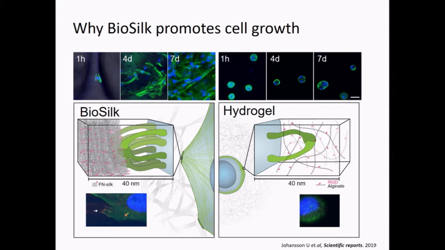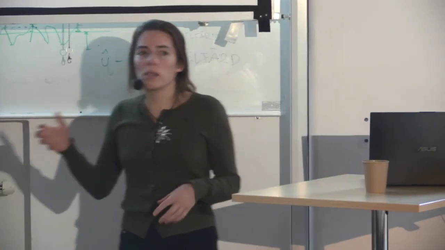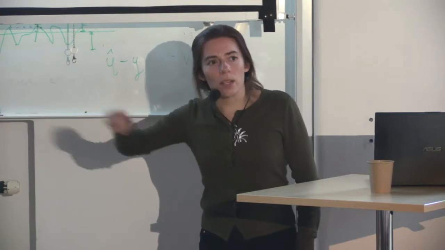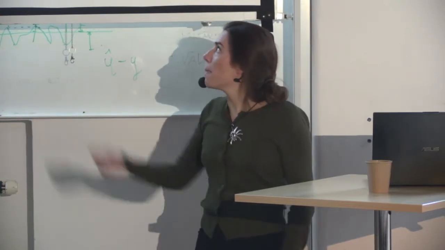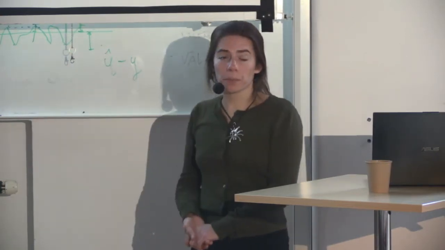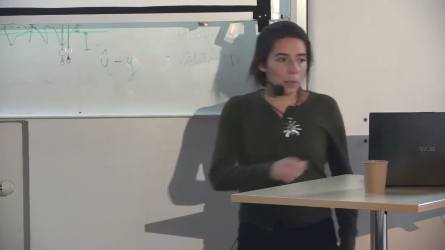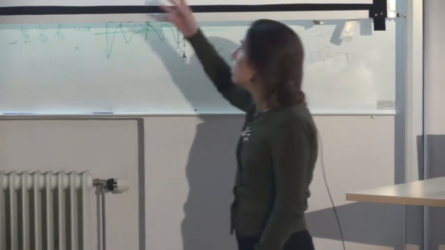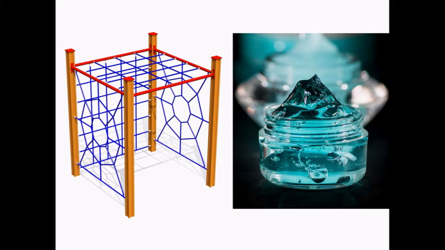While in the hydrogel, there's a gel with one molecular thick things, so there's not enough room or strength for a receptor to actually grab onto and spread out. So it's a little bit as if it's possible to climb in some kind of framework, but if you're just swimming in a pool of gel, it's difficult to move around. That's how we think it is.